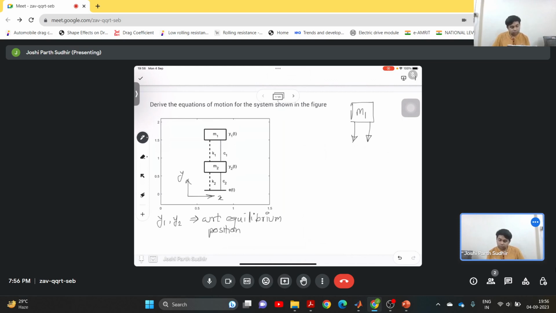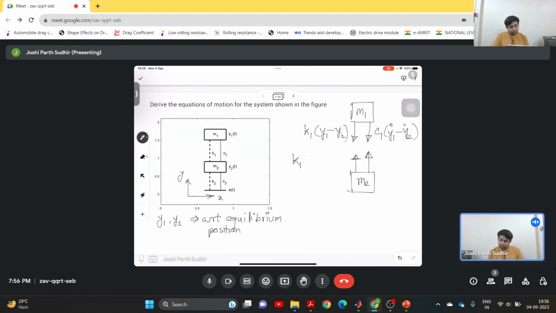So the spring force will be given by K1 (y1 minus y2) because of the relative displacement, and C1 (y1 dot minus y2 dot), and similarly for the mass m2 we will have another force due to the spring and damper.